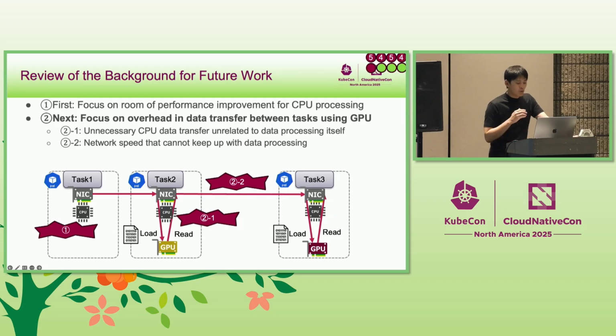This causes redundant data movement that doesn't contribute to computation. In other words, the CPU does unnecessary work, which causes additional overhead. The second point is that, although data processing within each task becomes faster thanks to accelerators such as GPUs, the network speed has not been able to keep up with it.